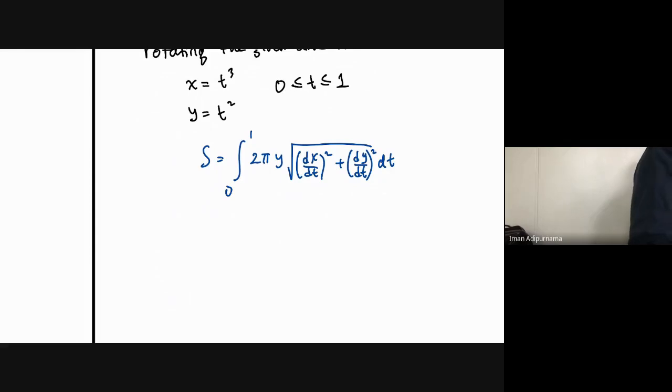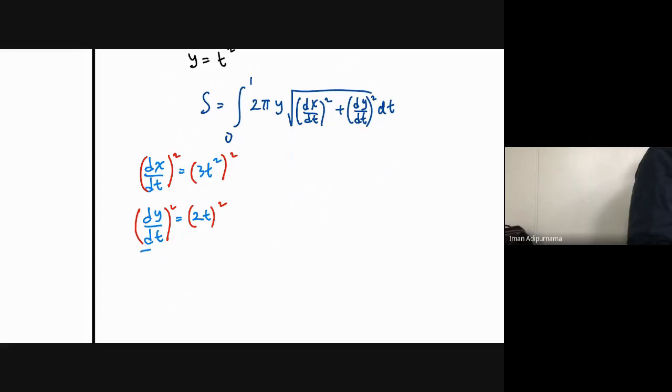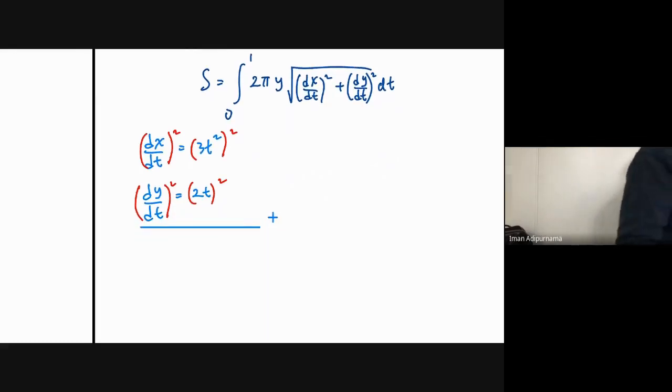Okay, we can derive the x and y. And then maybe square this, and then plus this, right? So 9, t to the fourth, 4.